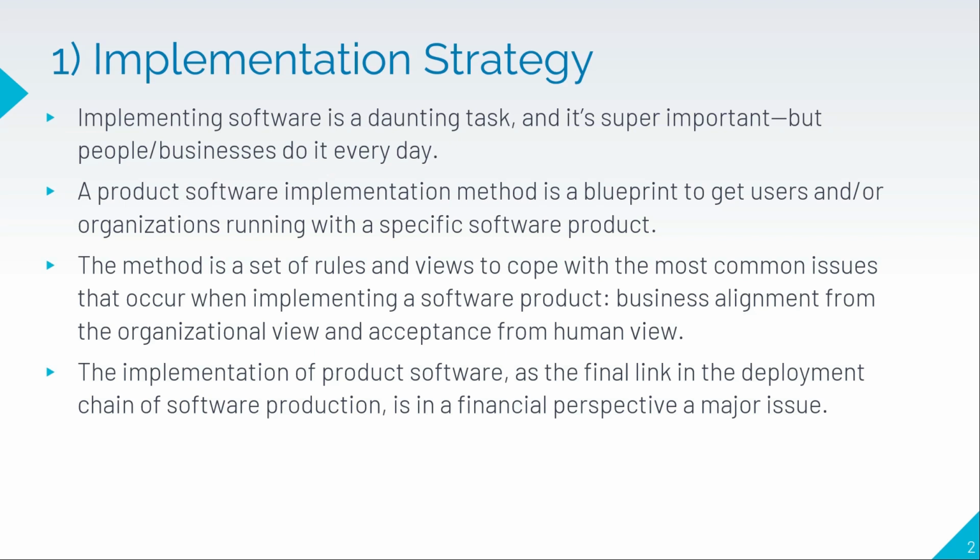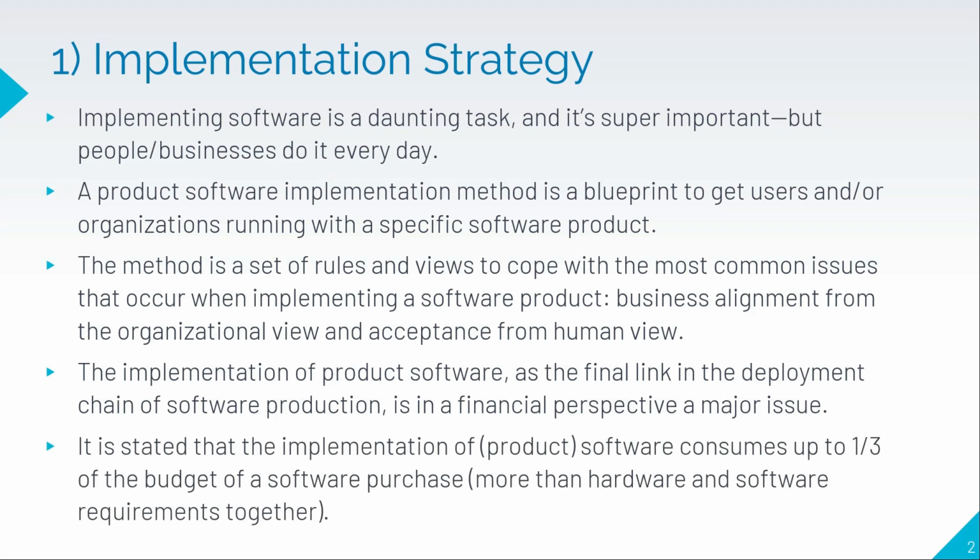The implementation of product software is the final link in the deployment chain of software production. It is in a financial perspective a major issue. It is stated that the implementation of a product or software consumes up to one third of the budget of a software purchase, more than hardware and software requirements together.